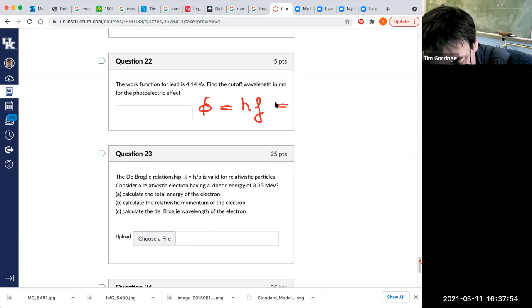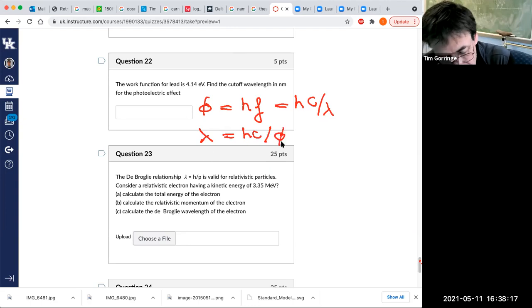Or if you write the frequency in terms of the wavelength, it's this equation here. So this equation relates the work function to the cutoff wavelength or the cutoff frequency. We can rearrange this equation, since we want the cutoff wavelength in terms of an expression involving the work function. Then you can just plug in Planck's constant.